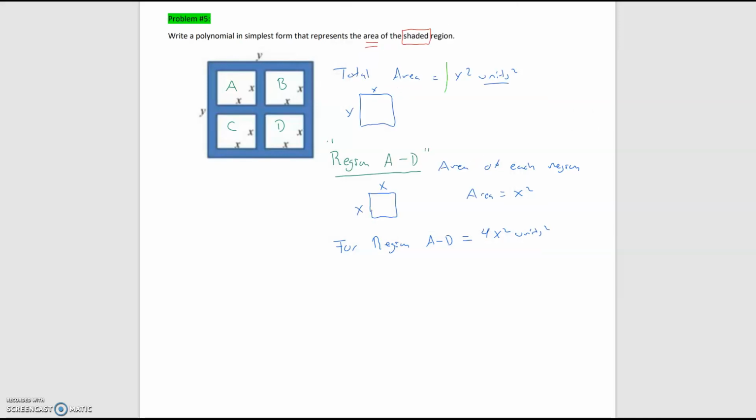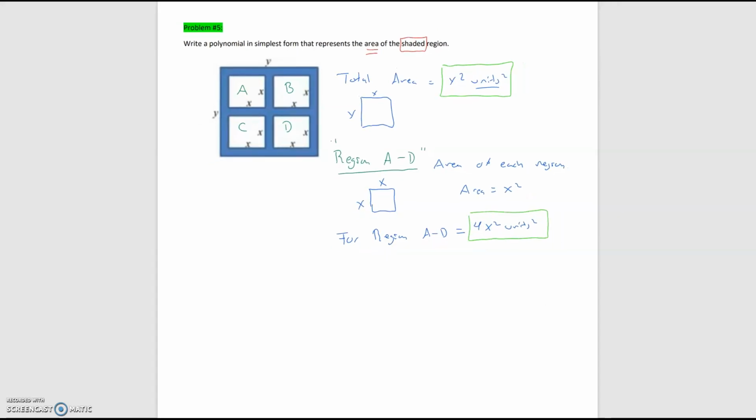Now let me box in what we found so far, which is the total area of the square, and then each of the squares that are not shaded. So for the shaded region, the area of the shaded region is going to be equal to the total area minus each of the pieces, and this is equivalent to y squared minus 4x squared.